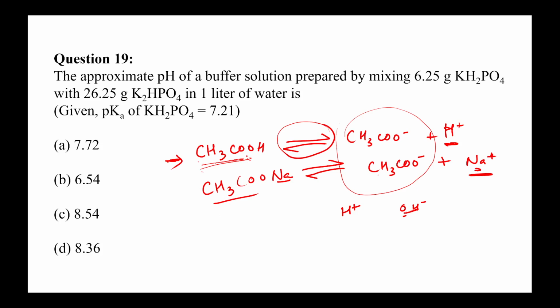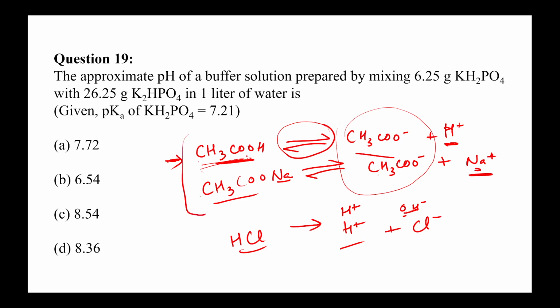So we'll have the concentrations of CH3COOH and CH3COO minus ions in equilibrium. It will not be equal, it will be in equilibrium. But in the case of strong acids like HCl, we'll have equal concentrations of HCl and H plus ion. So that's why using a weak acid is important.